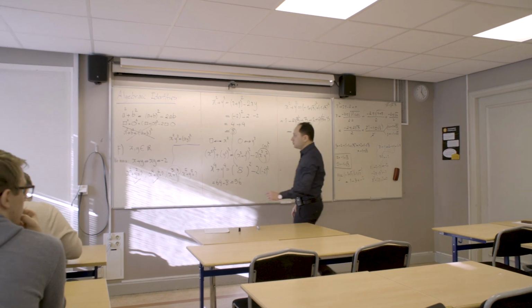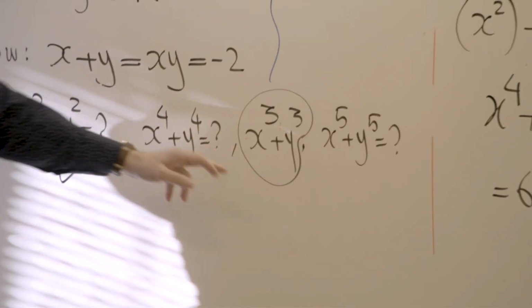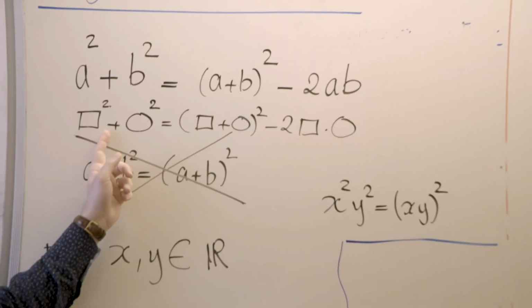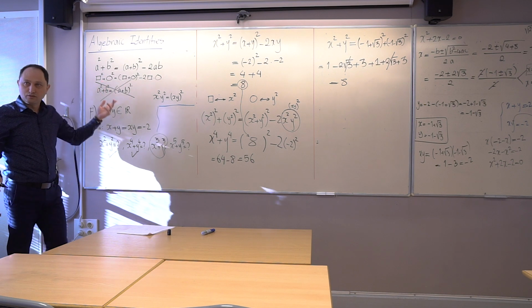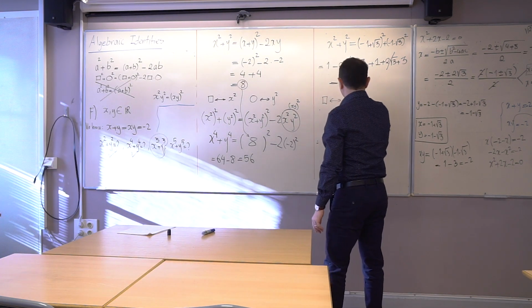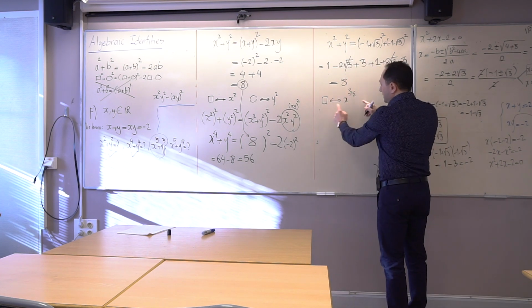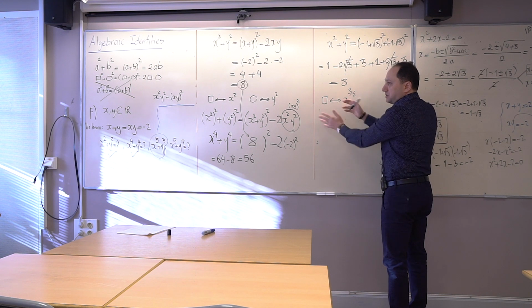If you want to use this formula to solve this one, what is the only appropriate choice for box? 3 divided by 2. Yes. So I need to replace box with x to the 3 divided by 2, yes? Because then, after raising the box to the 2, it gives me x cubed.